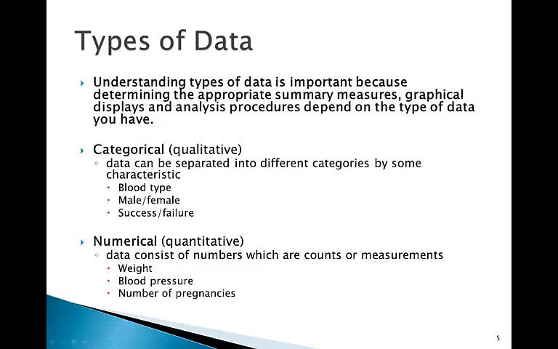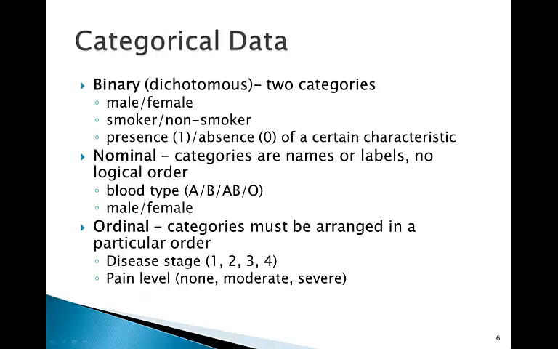Numerical or quantitative data is any data information piece that is a number. So some examples are weight, blood pressure, or it could also be things that are counts, such as number of pregnancies. Categorical data can be further divided into binary, nominal, or ordinal data. Binary data just means that there are only 2 categories.